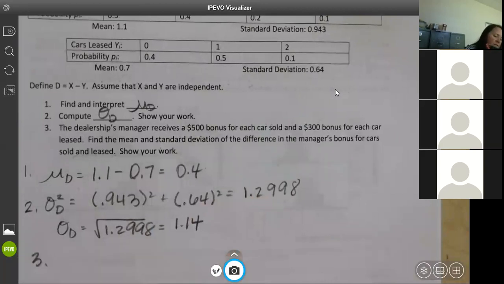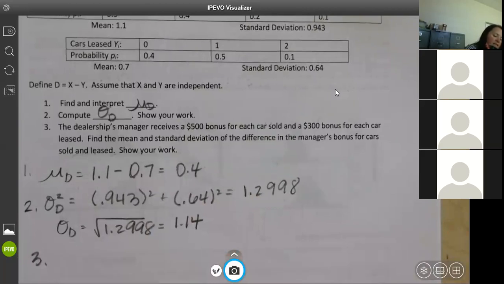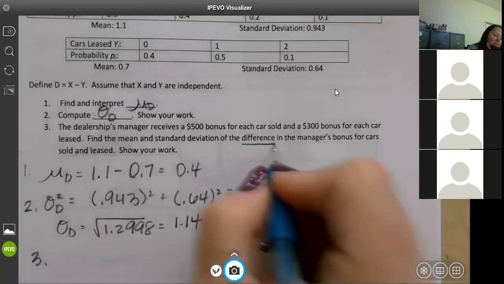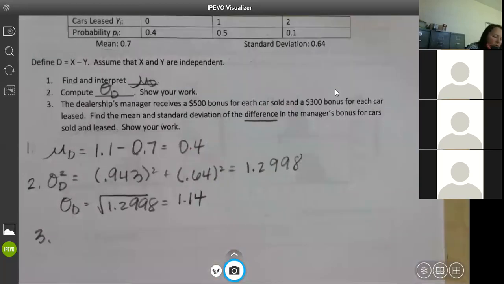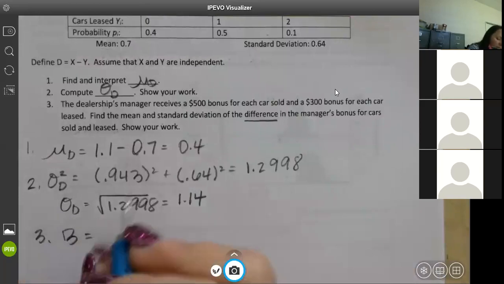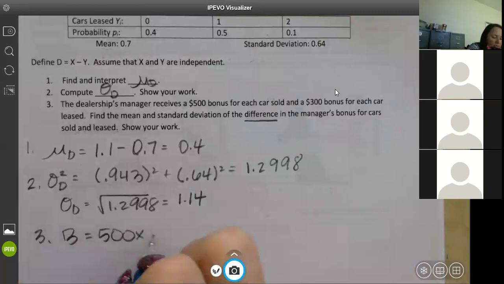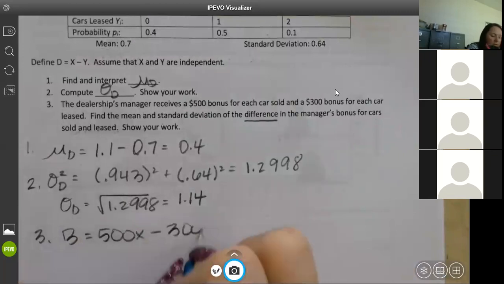So then the bonus. It says find the mean and standard deviation of the difference in the manager's bonus for the car sold and leased. So the bonus is going to equal 500x, and it wants the difference with 300y.